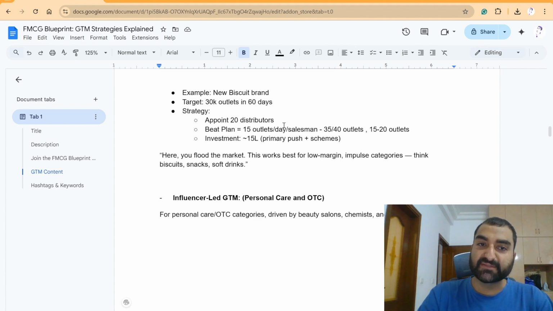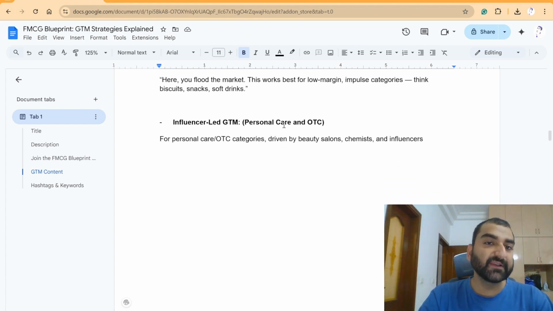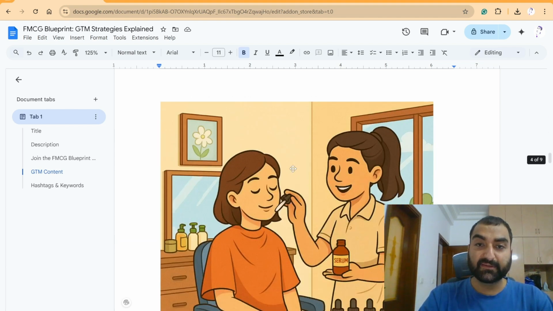Let's move on to the next distribution model, which is the influencer-led GTM model, right? The prime example of this could be OTC and personal care categories. It is driven mostly by beauty salons and chemists.